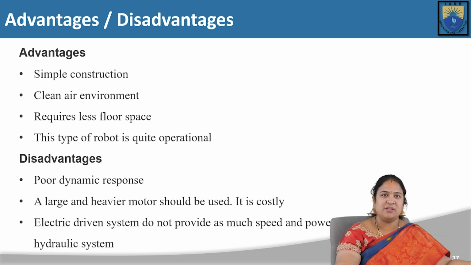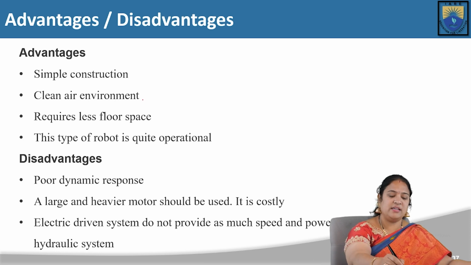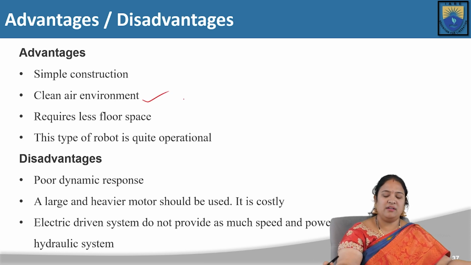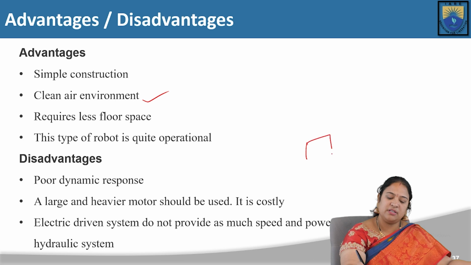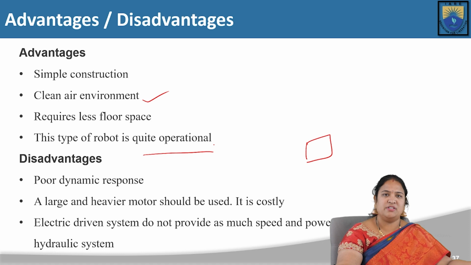It is very simple in construction. It acts in a clean air environment. This particular type of robot is small, so it requires less floor area. It doesn't require a higher floor area. This type of robot is quite operational. For small purposes, for small industries, we can use the electric driven robots.